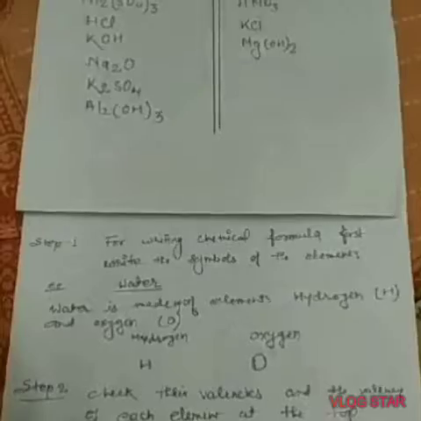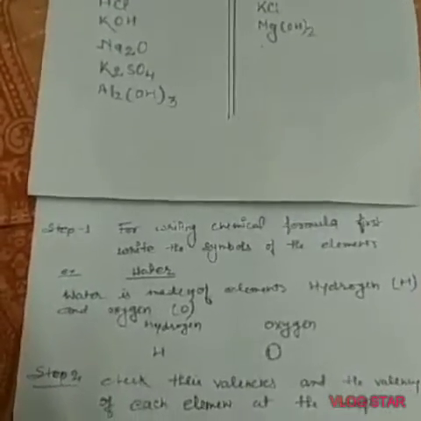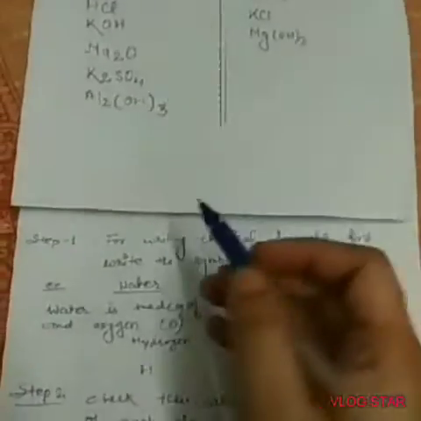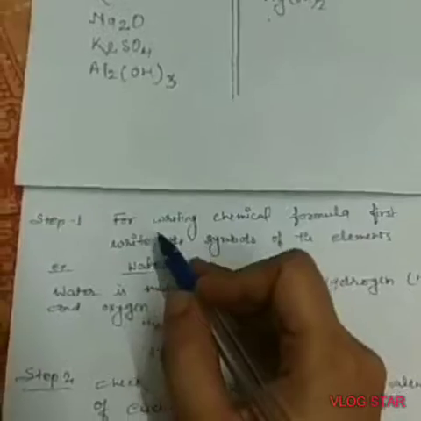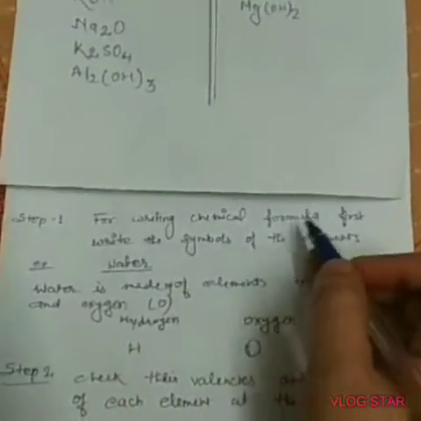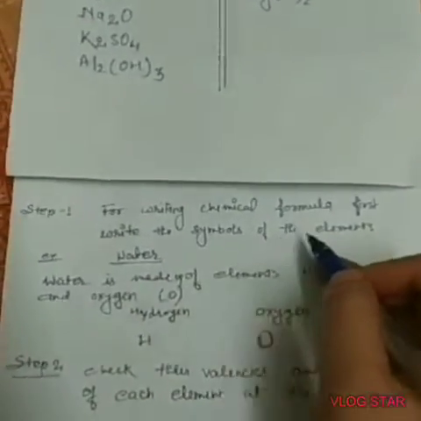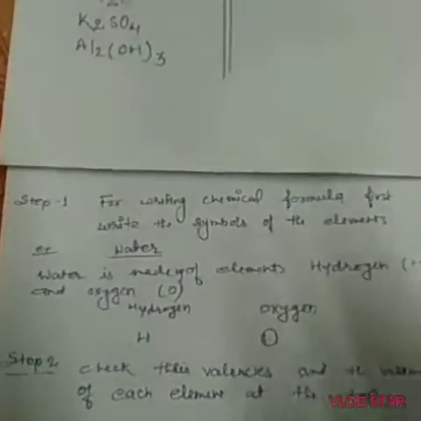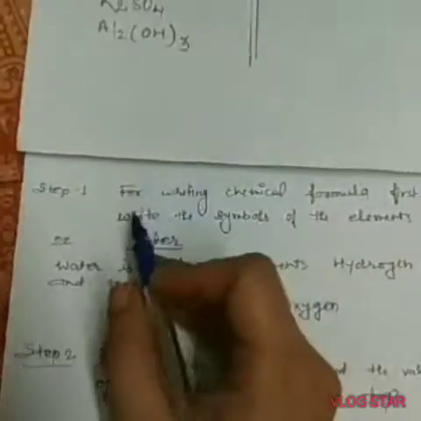Got it? Now let's discuss how to write chemical formula. There are some steps which we have to follow. First step, write the symbol of the elements. You know the symbols of the elements.